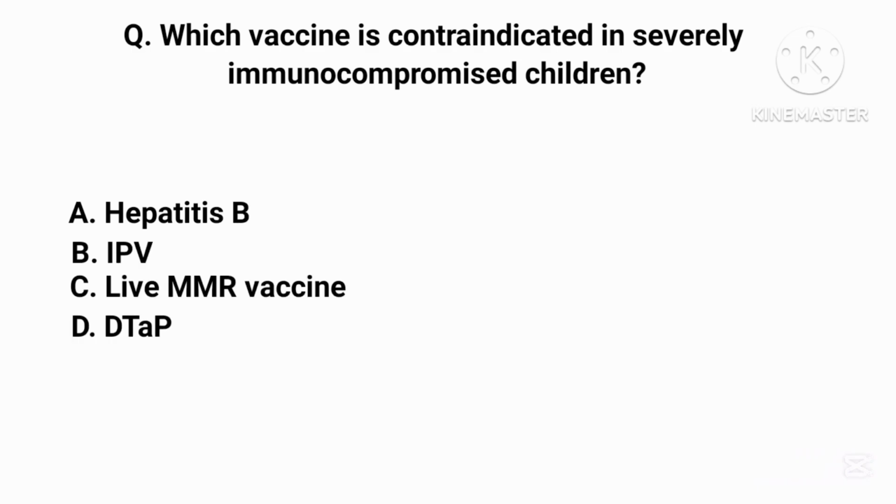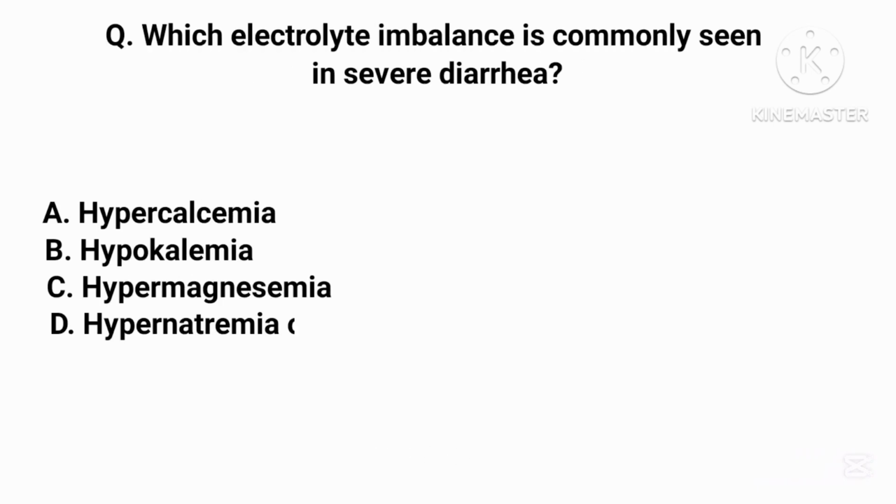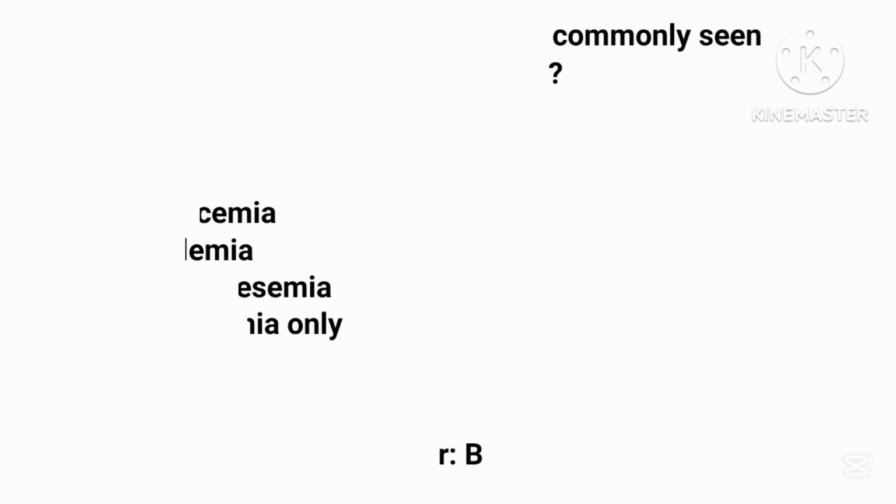Which vaccine is contraindicated in severely immunocompromised children? Correct answer is option C, live MMR vaccine. Which electrolyte imbalance is commonly seen in severe diarrhea? Correct answer is option C, hypokalemia.